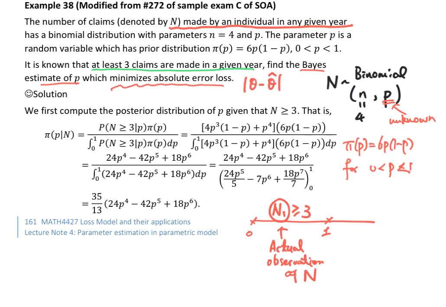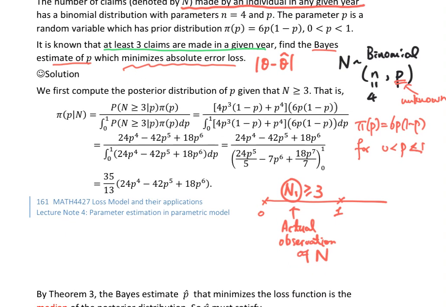In order to do this, first let us think about what the Bayes estimate looks like. This Bayes estimate should minimize the absolute error loss, right?